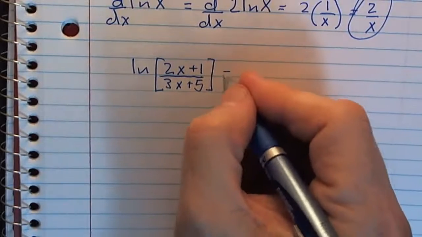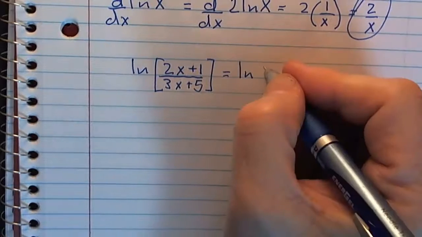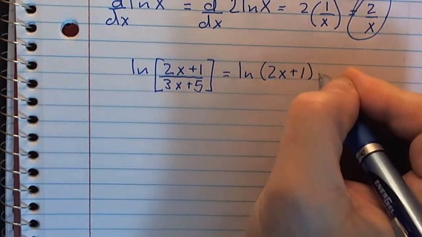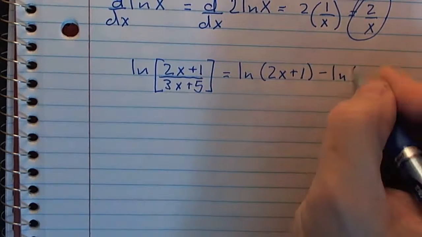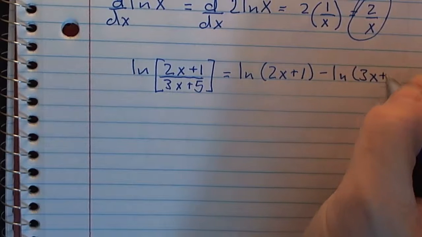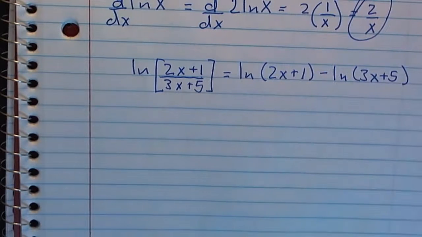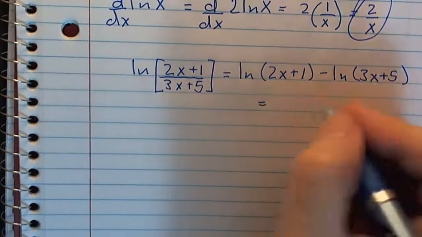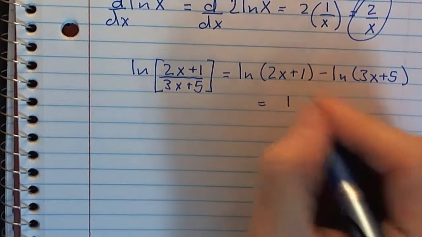Well, let's do this first. Let's use our properties of logs. Let's call this the log of 2x plus 1 minus the log of 3x plus 5. Now let's go ahead and differentiate.